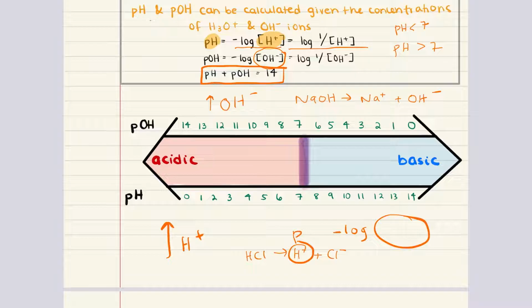For an aqueous solution at 298 Kelvin, a pH less than 7 or a pOH greater than 7 means that you have a relative excess of hydrogen ions and the solution is acidic.